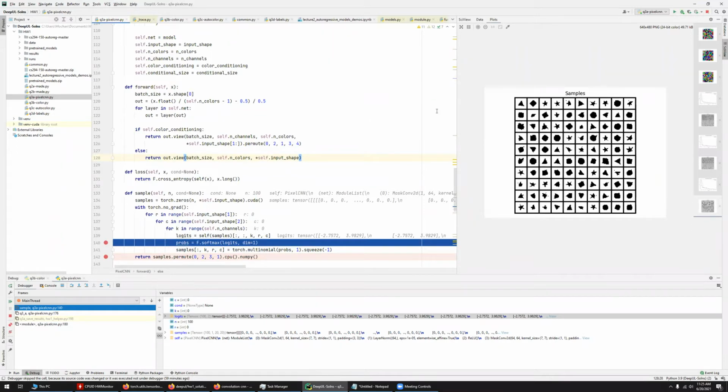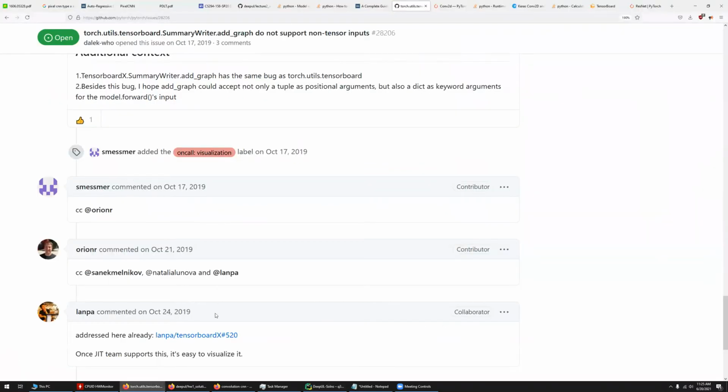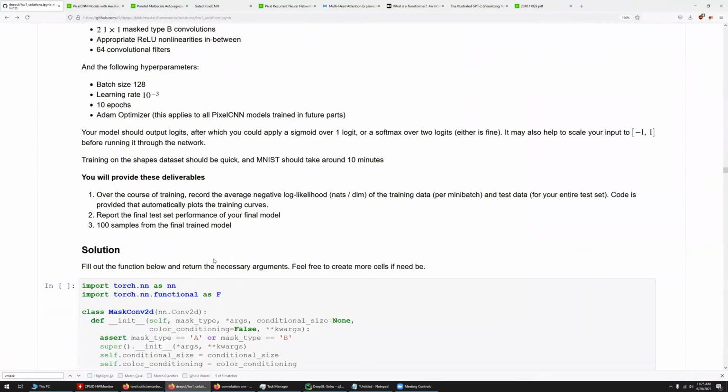And so this is the output. So these are the 100 randomly sampled shapes. Okay, so let's go to part B. Which one was it? Oh, sorry, homework. Okay, part B.